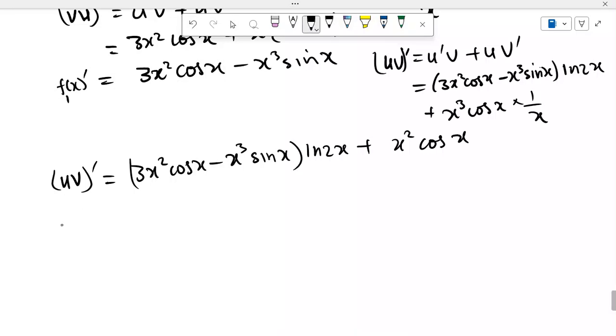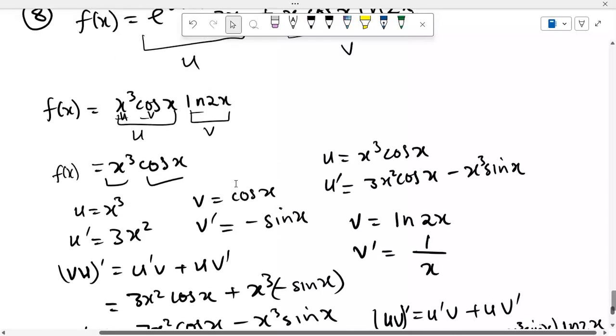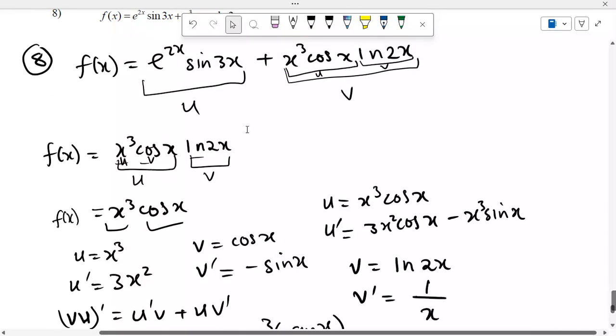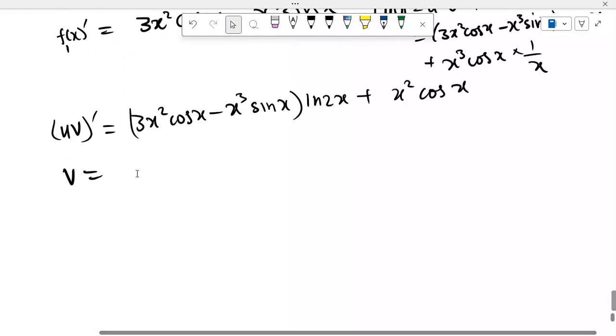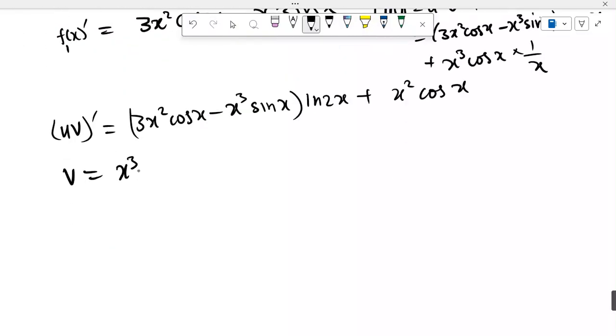So our v now is this whole question here, x cubic cos x natural log 2x. Okay, so v prime is the whole of this. Yeah, it's a giant question.